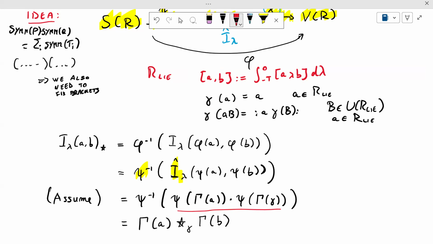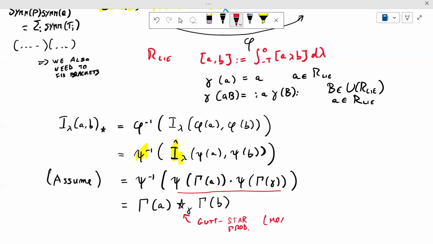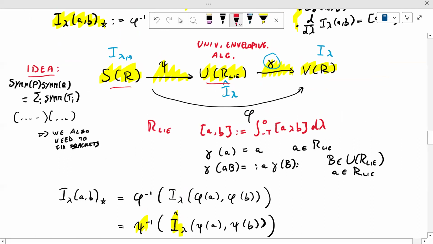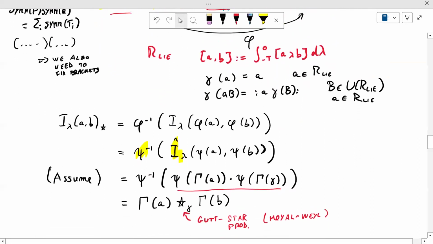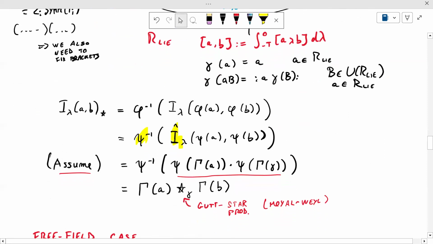Then what we are computing is the pullback by psi of the product of two symmetrized things, which by definition of what we were doing before, is just the ordinary star product between the two. In this case, this is actually just the good star product, or the Moyal-Weyl in the scalar case, because this is a symmetric algebra and universal enveloping algebra for the Lie algebra. So one just needs to hope that this thing is true, but luckily it is. This splitting into two parts actually works and makes it tractable to compute.